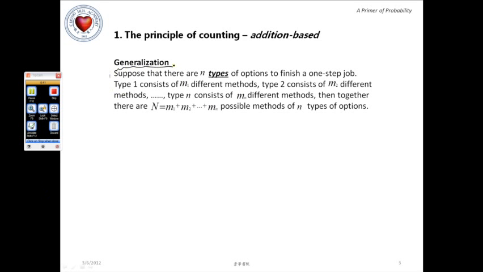Suppose that there are n types of options to finish a one-step job. Type 1 consists of m1 different methods, type 2 consists of m2 different methods, until type n consists of mn different methods. Then together there are m1 plus m2 plus until mn possible methods of n types of options. It can be well illustrated by the following flowchart.